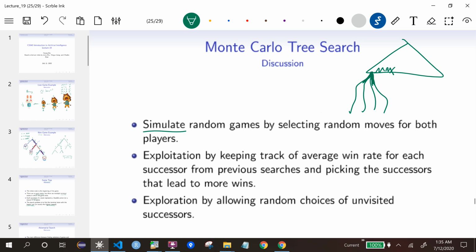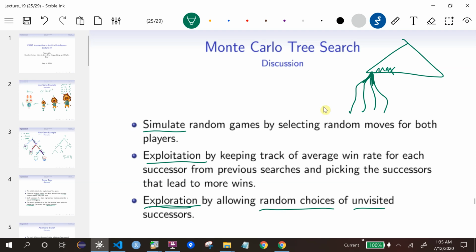So we can start by exploring the space. We're using completely random choices so we can visit as many successors as possible. And then after a while, we could switch to exploitation.